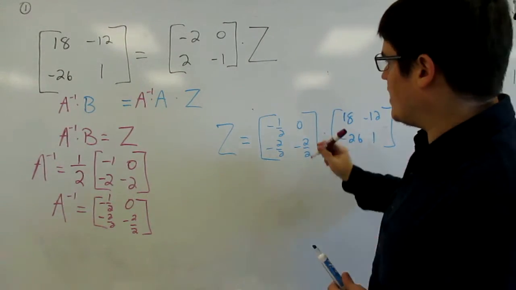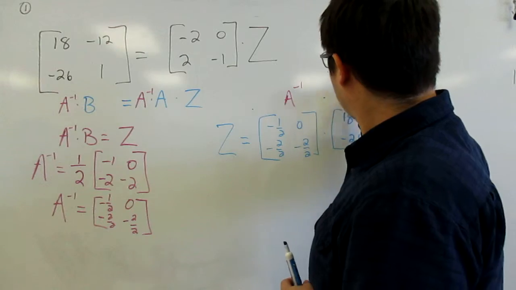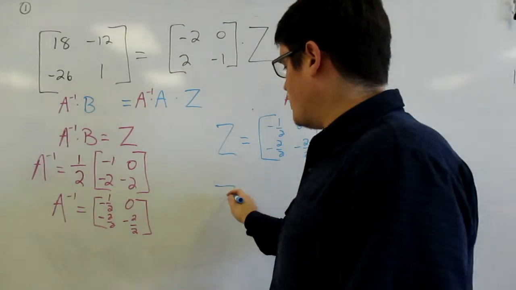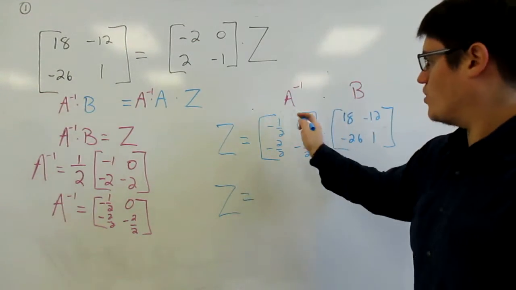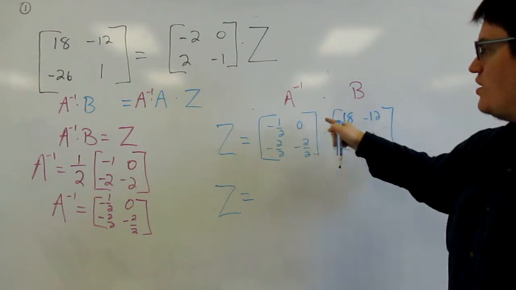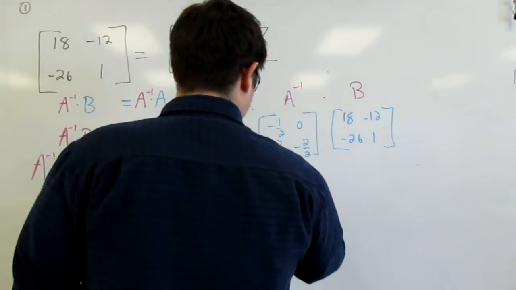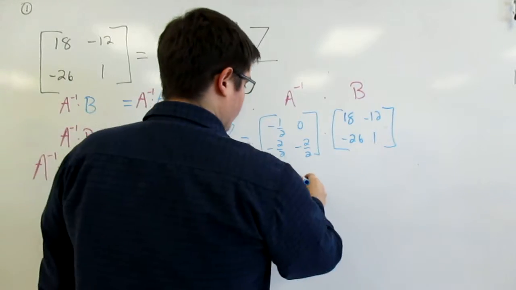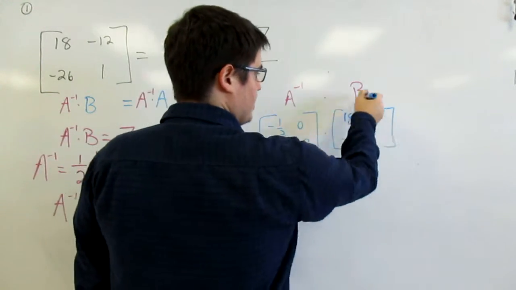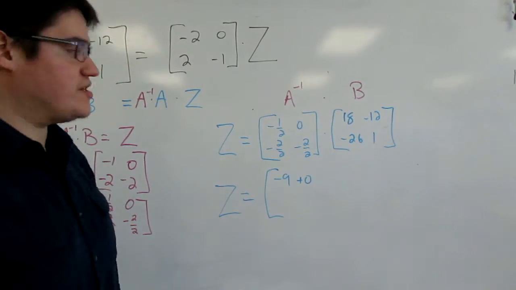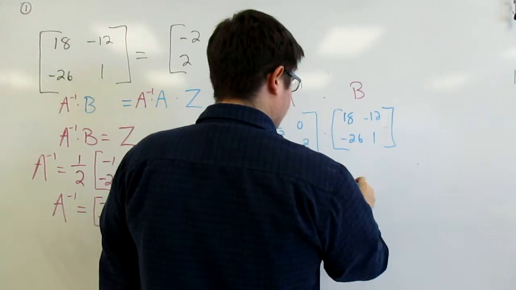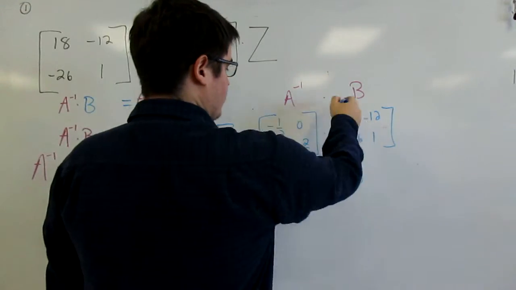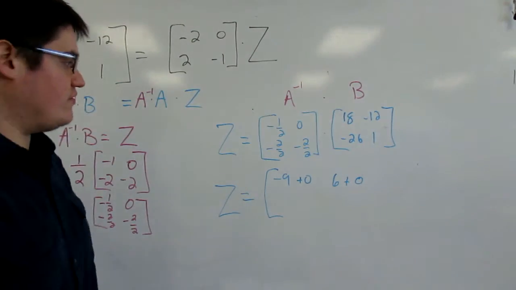So you should be able to see in your head, this is A inverse, that was B. Okay, so matrix Z equals, we do our row times our column. Negative 1/2 times 18 is negative 9, 0 times 26 is 0. Row times your column, negative 1/2 times negative 12 is 6, 0 times 1 is 0. Row times our column, that's negative 18.